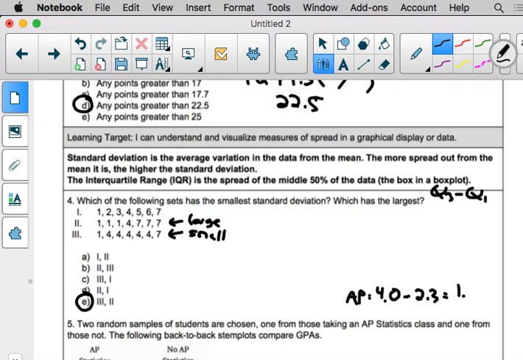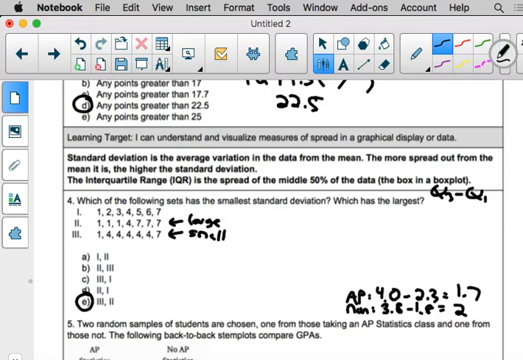That gives a range of 1.7, the largest value minus the smallest value. For non-AP, we're seeing 3.8 minus 1.8, which gives us a range of 2.